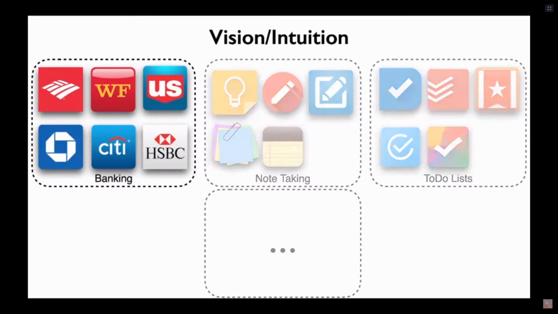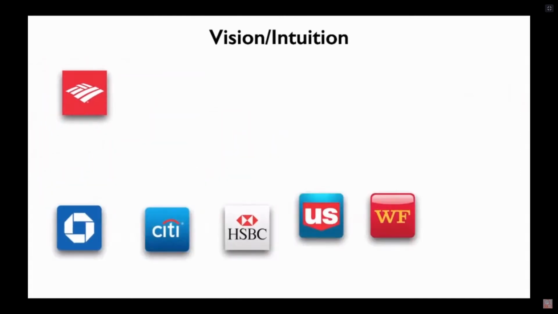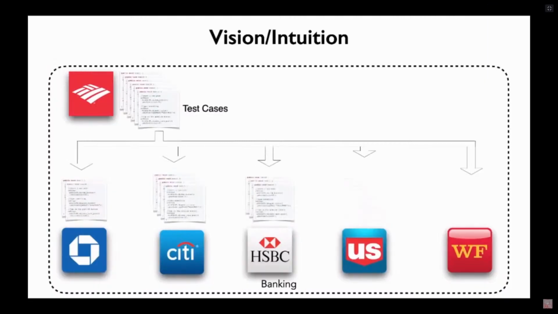So App Test Migrator takes advantage of this situation to improve the way that we test these mobile applications. Instead of creating brand new tests for each application, App Test Migrator tries to migrate test cases from one app to all other existing similar applications.